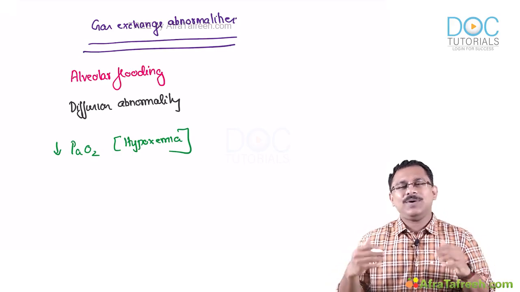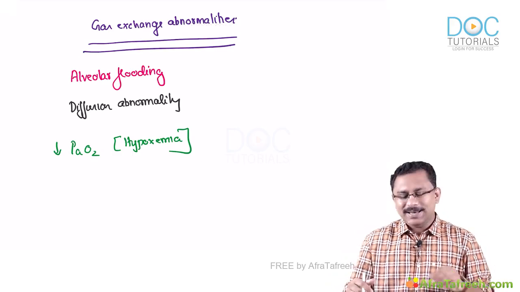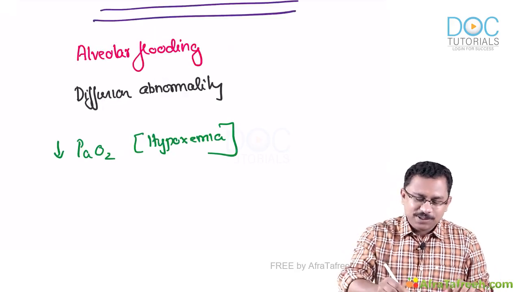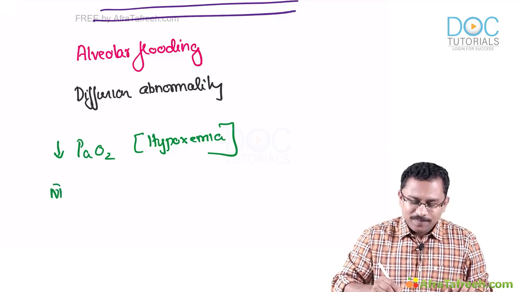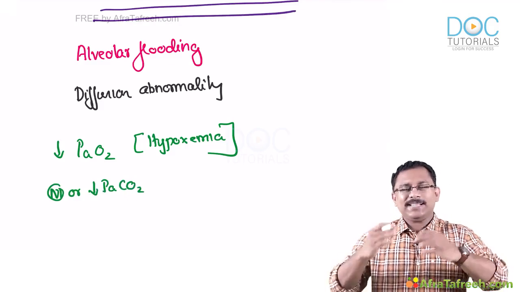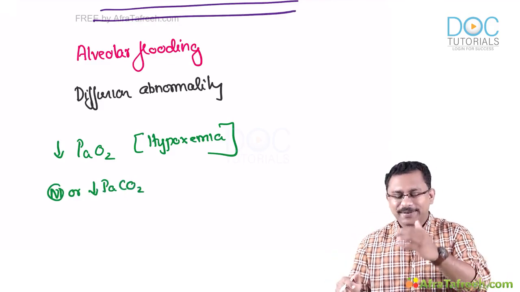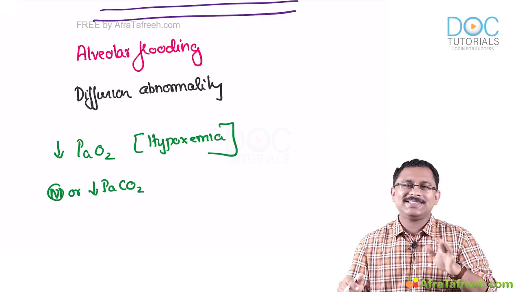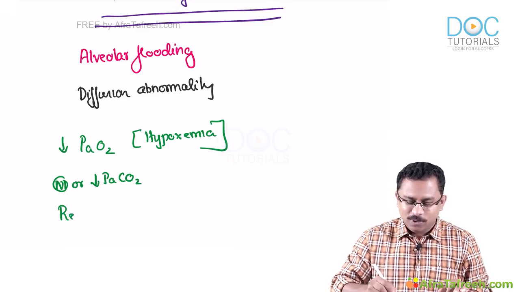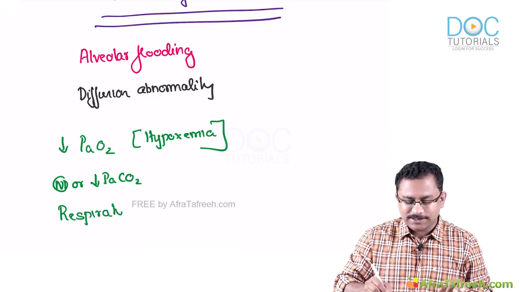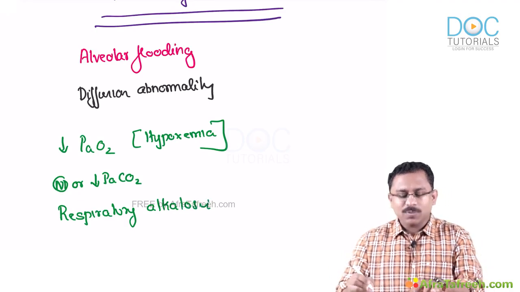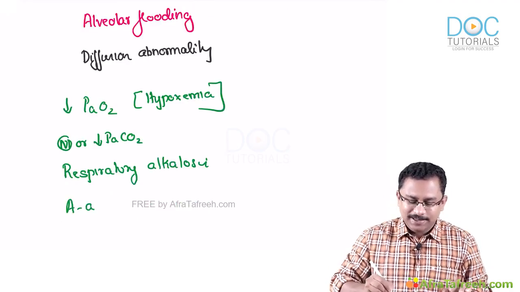And when there is hyperventilation happening, there will be a carbon dioxide washout, because of which you will get a normal or maybe a decreased PaCO2. If there has been a good amount of washout, then definitely your PaCO2 will be decreased because of the carbon dioxide washout, and in early stages you will get what? Respiratory alkalosis.